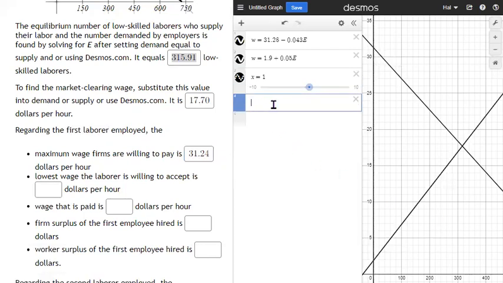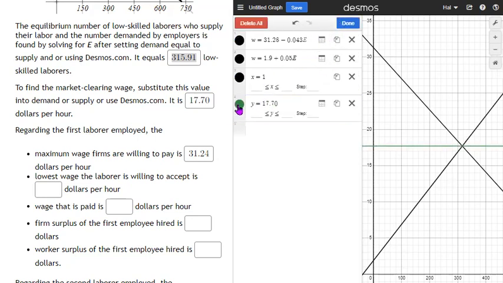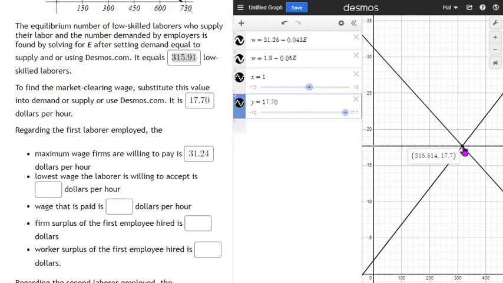Now I'm going to put in the equilibrium wage rate. The equilibrium wage rate was 17.70, right? I'm going to change this again to a black dash line, thin. Okay, so this height here is the equilibrium wage.